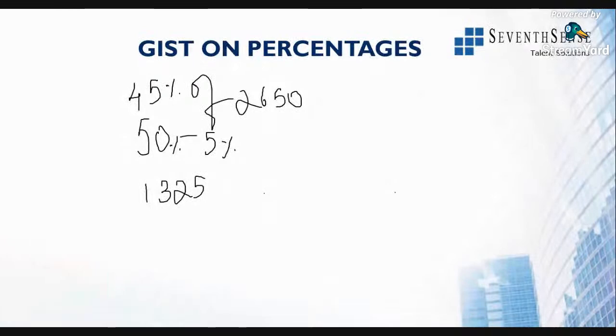10% is 265. All right, 5% is half of that, so it will become 132.5. So it is 1325 minus 132. So 300 minus 100 is 200. 325 minus 100 is 225. 225 minus 30 will be 195.